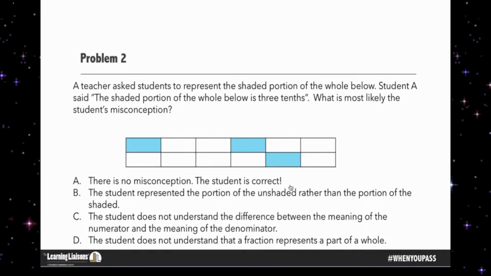B, the student represented the portion of the unshaded rather than the portion of the shaded. C, the student does not understand the difference between the meaning of the numerator and the meaning of the denominator. Or D, the student does not understand that a fraction represents a part of a whole.